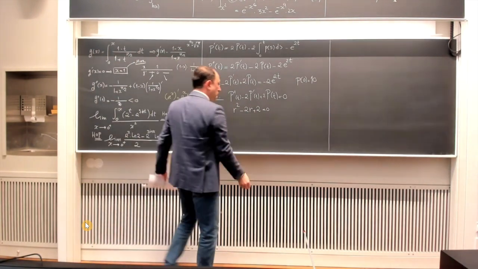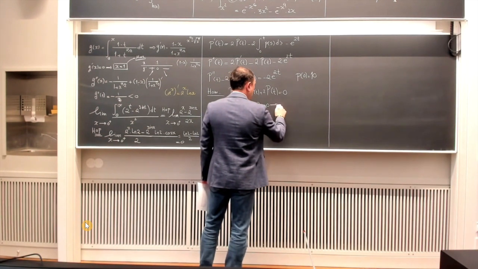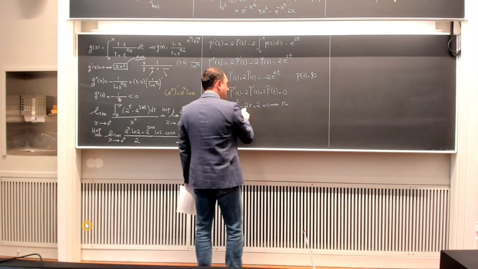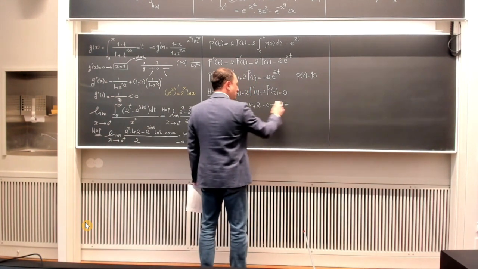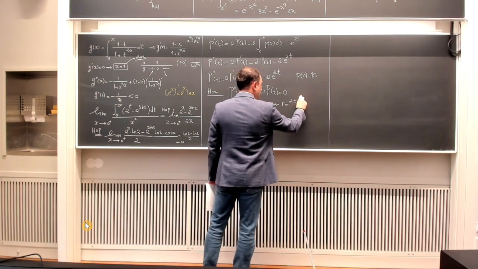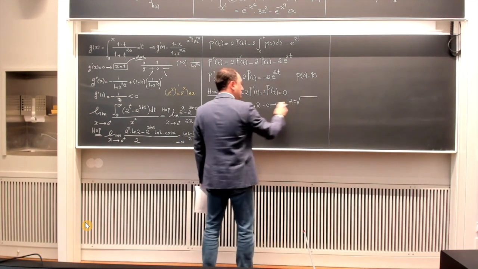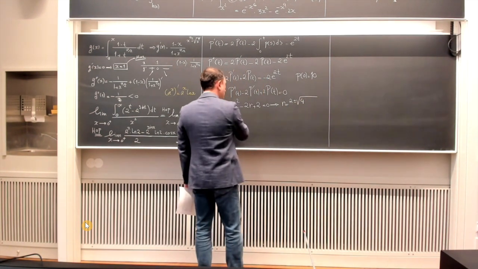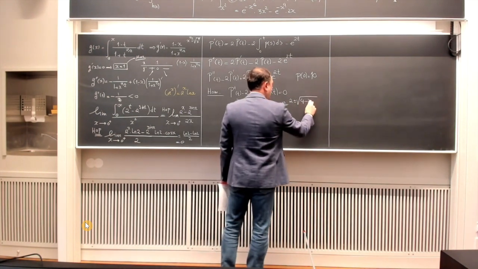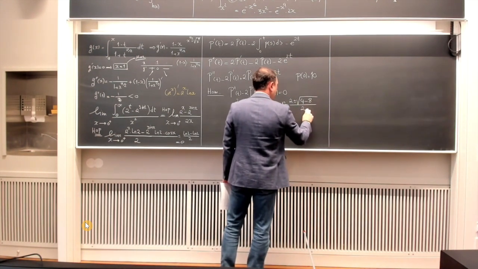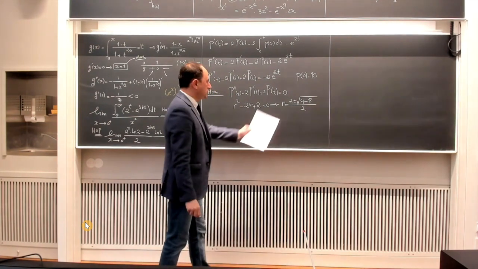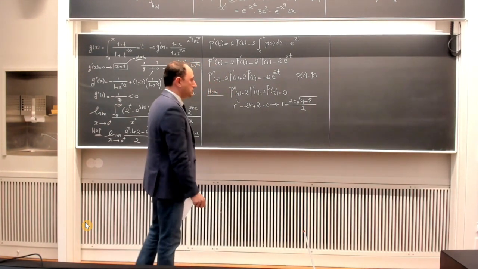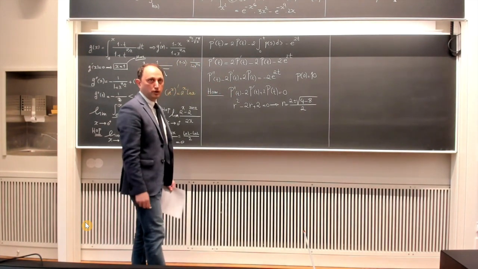This is a simple quadratic equation, so I start solving it. So r becomes negative b, which is positive 2 here, plus or minus the square root of this number to power 2, 4, minus 4 times a times c, which is minus 8, and then divided by 2. But you see that 4 minus 8 is a negative number, so the roots are complex numbers.